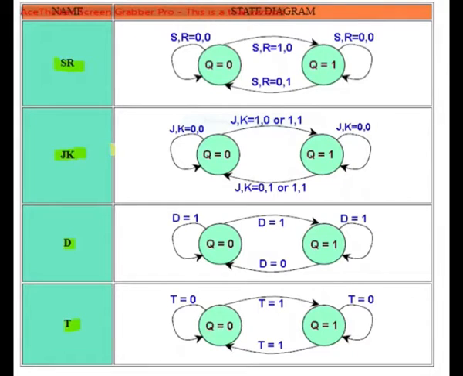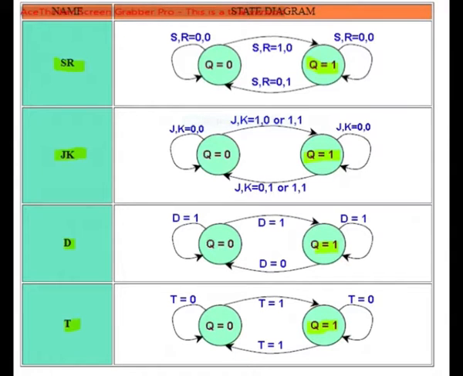As you can see from the table, all 4 flip-flops have the same number of states and transitions. Each flip-flop is in the set state when Q is equal to 1. When Q is equal to 1, each SR, JK, D and T flip-flop is in the set state.